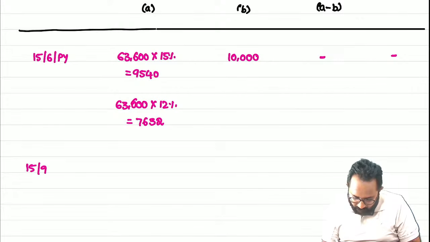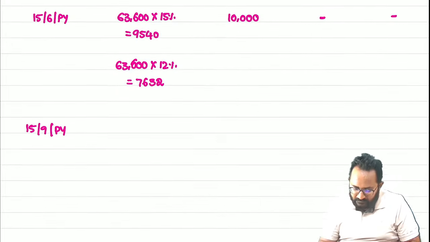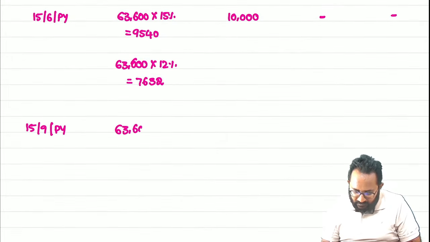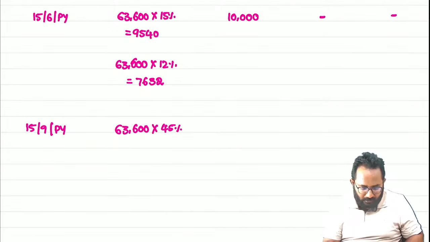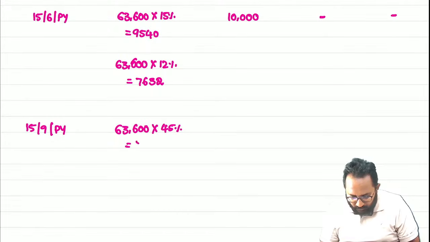Next installment, 15th September of the previous year. 63,600. 45% we have to clear. 63,600 into 45%. How much? 28,620.